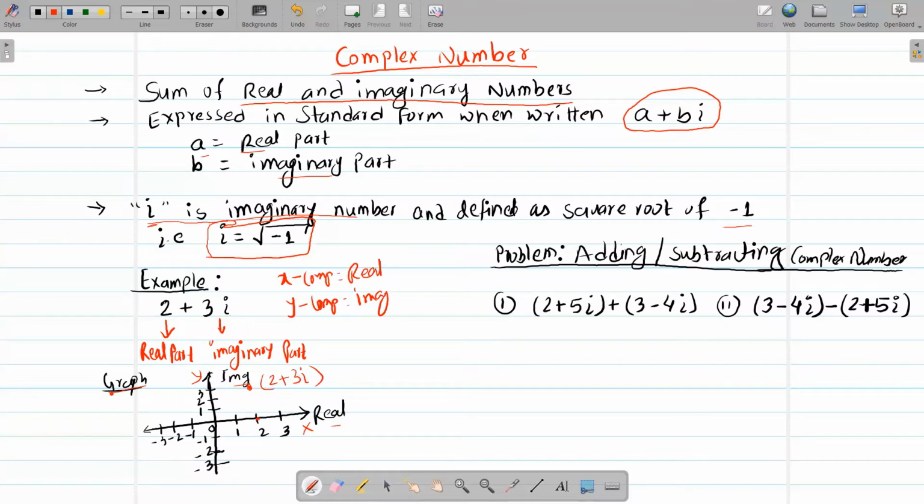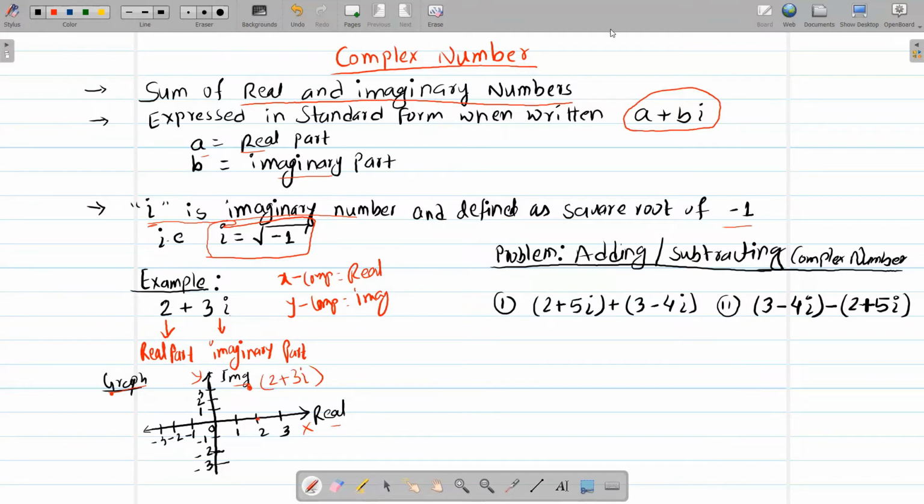Now let's see how we can add and subtract complex numbers. It's very easy. It's simply addition and subtraction. We always add the real part to the real part and the imaginary part to the imaginary part.